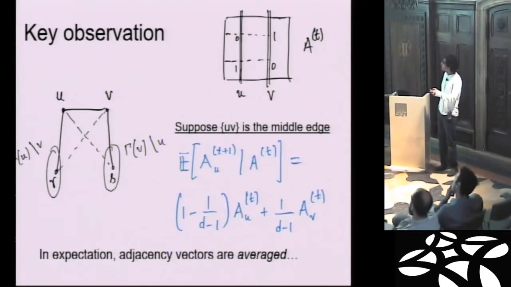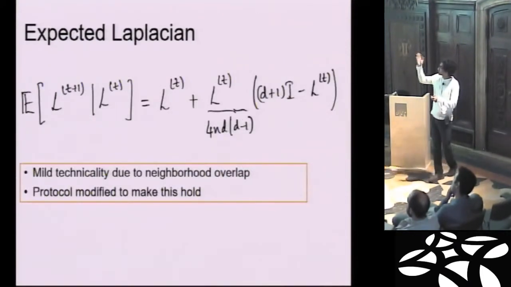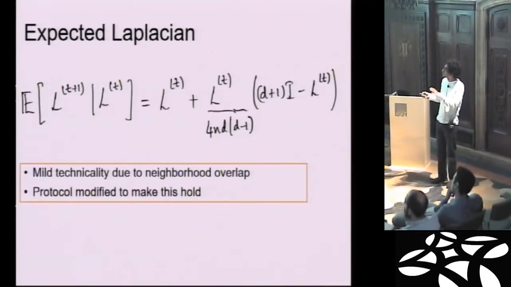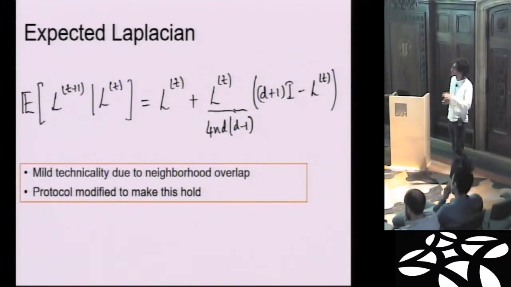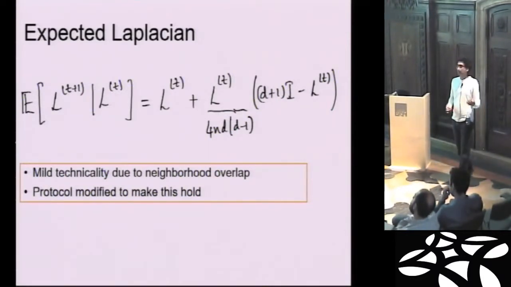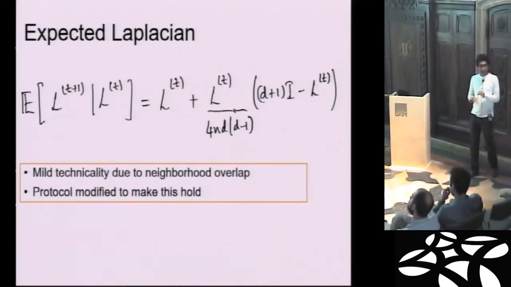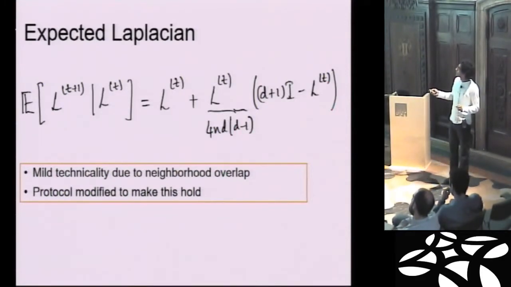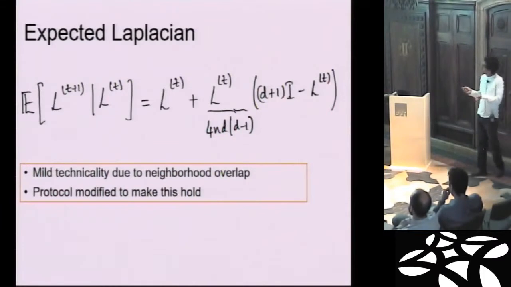And it turns out you can go one step further. Suppose you know the Laplacian of the graph at the current step, you can write down the expected Laplacian at time step t plus 1. It turns out there's a clean formula for this. Let's not get into the details of this expression, but this turns out to be the expression that you get.